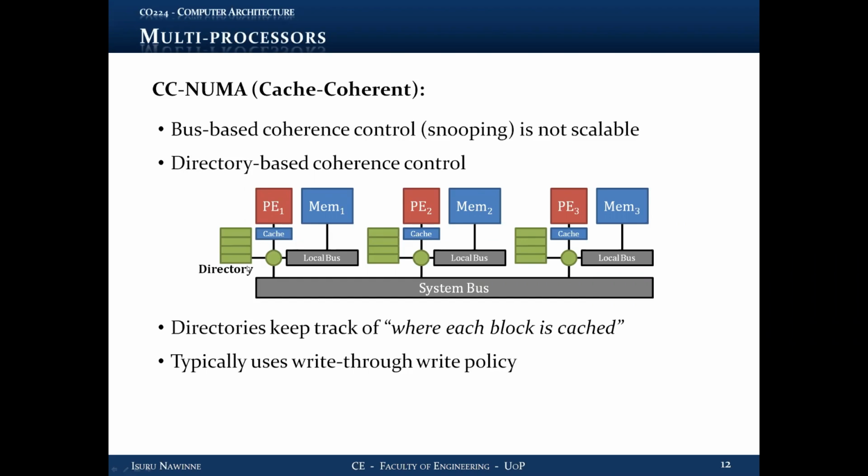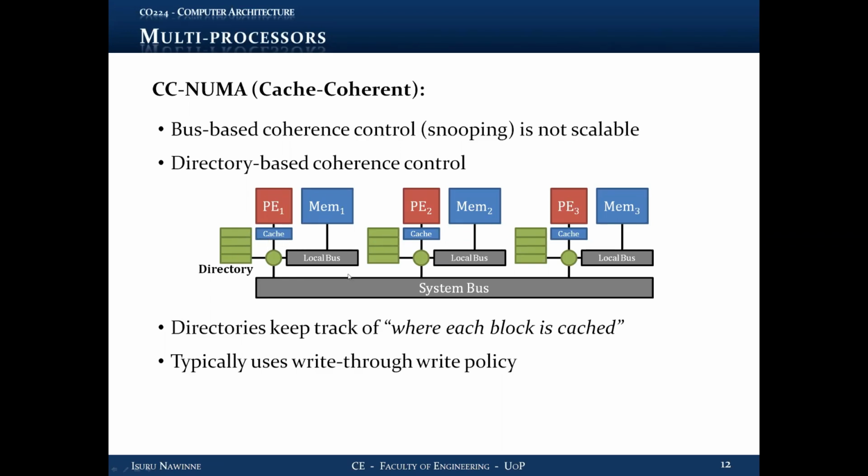The directory keeps track of where each block is cached. So whenever a processing element wants to access memory, to maintain cache coherency, the caches should have a way to know whether this block is cached in other places as well. The cache controller receives that information by looking at the directory. You look at the directory to see whether other caches have the same block cached.